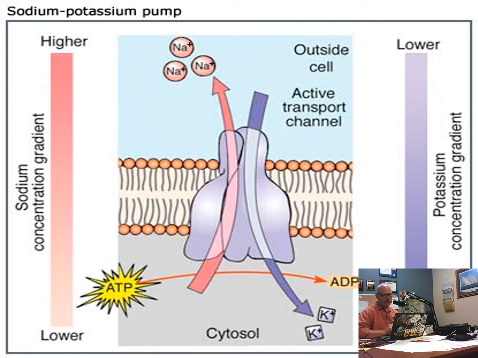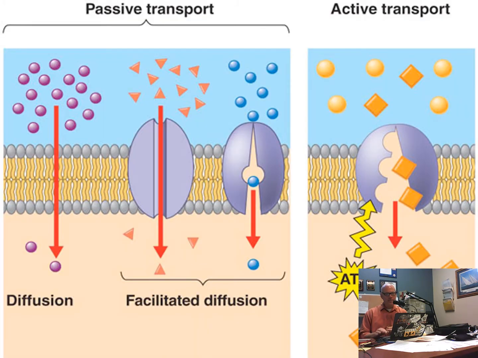Here, if we allow water to stay inside the cell, we should also say water follows sodium. So if sodium is staying in the cell, water is going to flow in the cell. And that will allow the water to stay in the cell, and that cell will swell up and possibly cause damage to the cell or death to the cell. So that's the sodium-potassium pump.